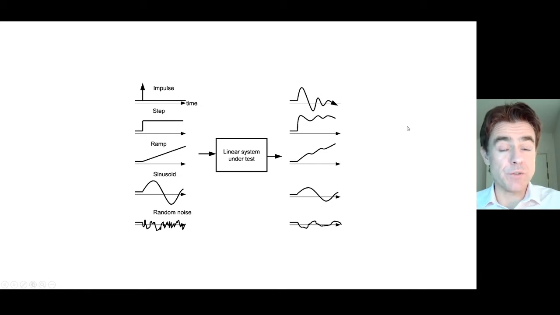Going to a much simpler system, just a 1D case now, this happens to be an example of some piece of electronics, if you like, that is taking input signals of various types and outputting some output function.